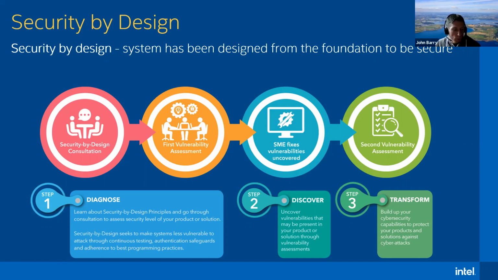Working through with the customers what their security model is, and then you can work through the testing, analysis and validation to make sure that the threats you've identified cannot be exploited on the equipment, and the mitigations you've put in place are all working correctly. So I guess that's the secure development life cycle in a nutshell.